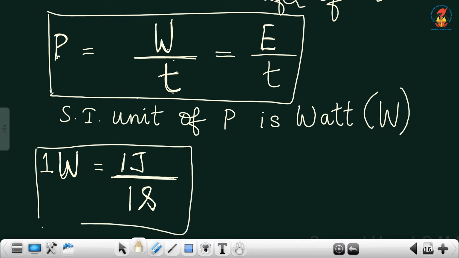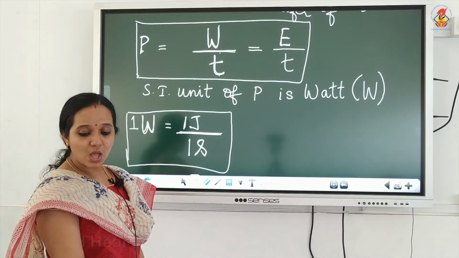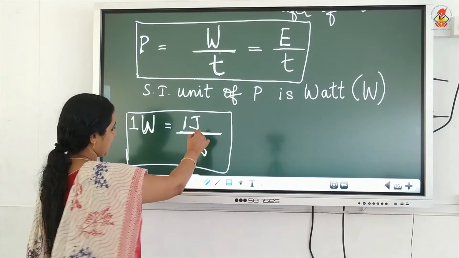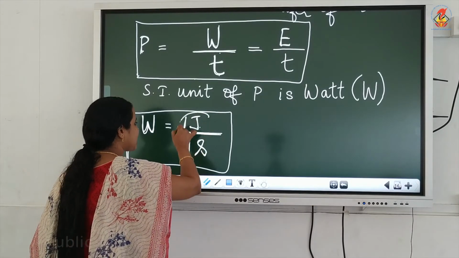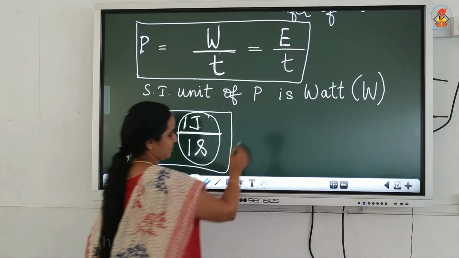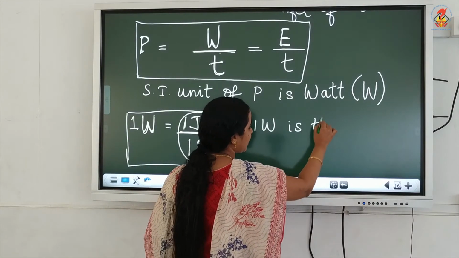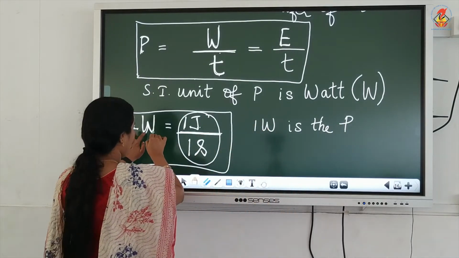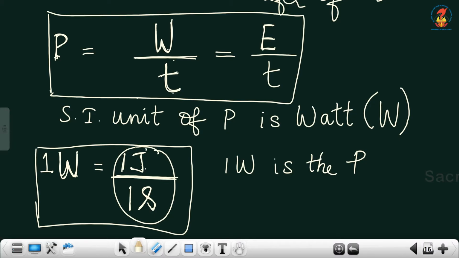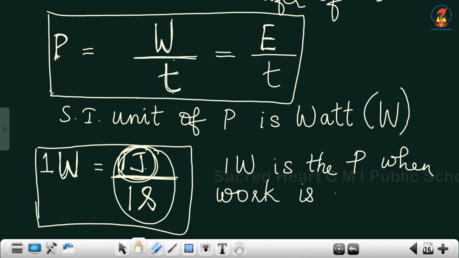Now, how can you define this 1 watt? 1 watt is the unit of power. So, 1 watt is the power when work is done at a rate of 1 joule per second.